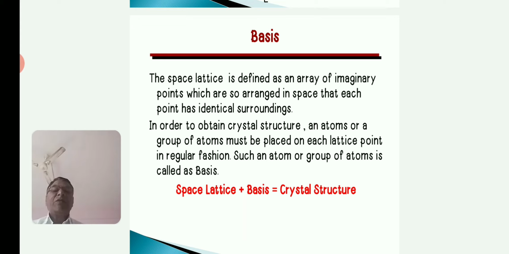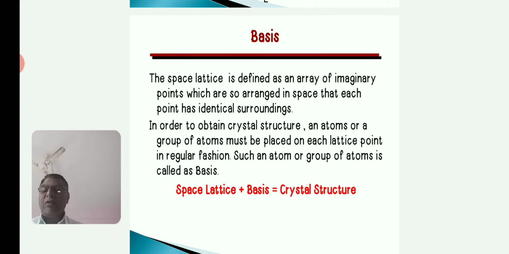After that, we can learn about symmetry operation. What is meant by symmetry operation? The symmetry operation consists of translation, rotation, reflection and inversion.